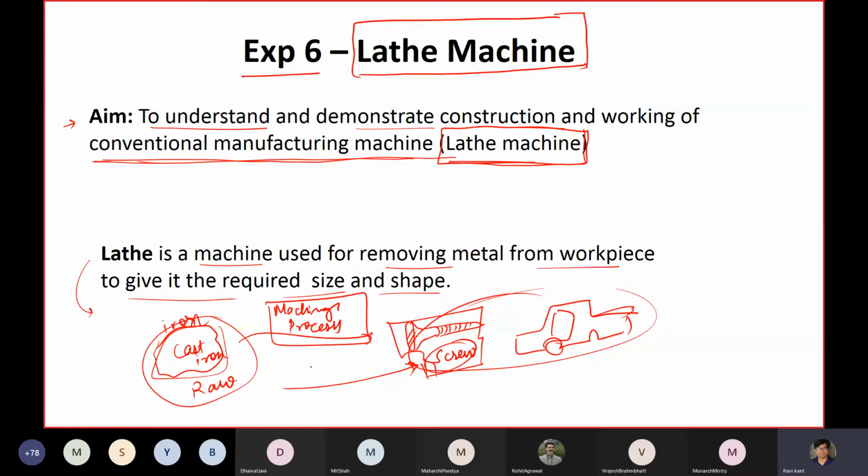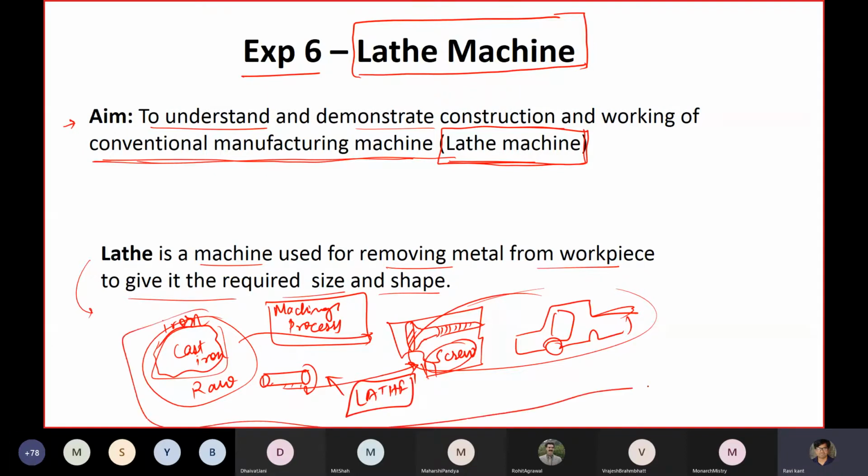And among these machining processes, one process is where you take the raw material as a cylindrical object, you turn it, and you remove some extra material, and the machine used is called the lathe.